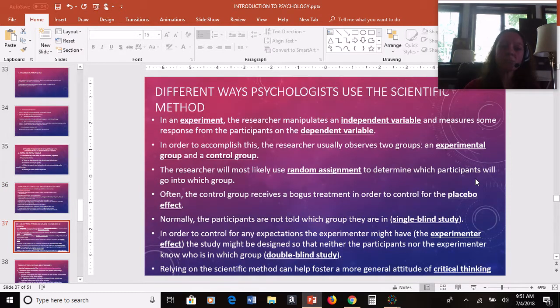All right, and then next we have our experiment, and it's very important. There are some important ideas here in an experiment that we want to be aware of. In an experiment, we're looking at these things called variables, and our main variables are the independent variable and the dependent variable. Our dependent variable is what is being measured, but it's the independent variable that is being manipulated.